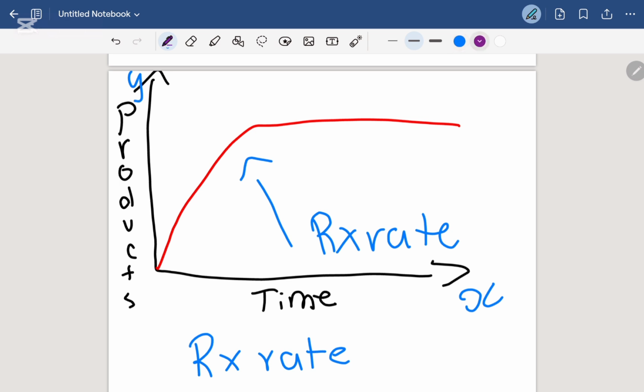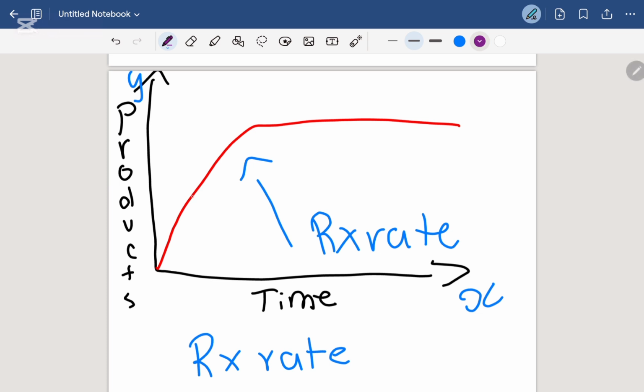I will say just in advance, I know it's been 10 minutes into the video, but chapter 9 is all memorization, okay? More logical if you want me to put it in this way, but there's not a single equation in chapter 9, so you have to memorize most of the stuff, okay? So this is our reaction rate slope. The x-axis is time and the y-axis is the products produced.